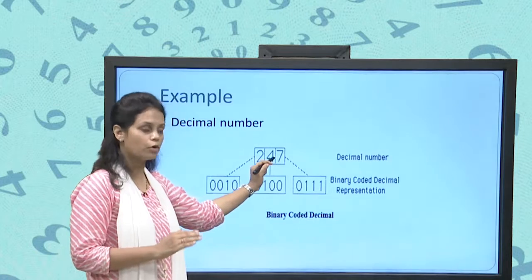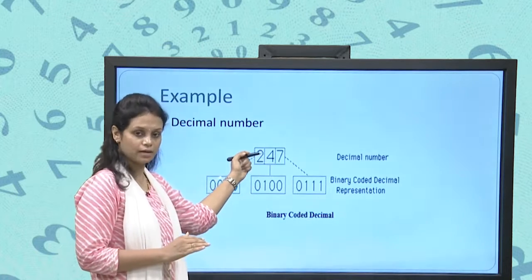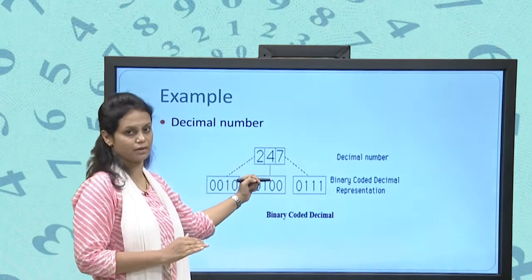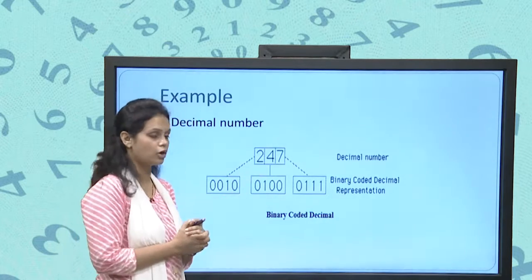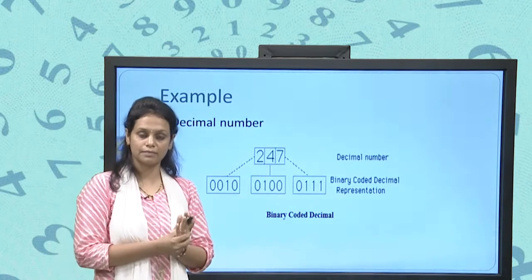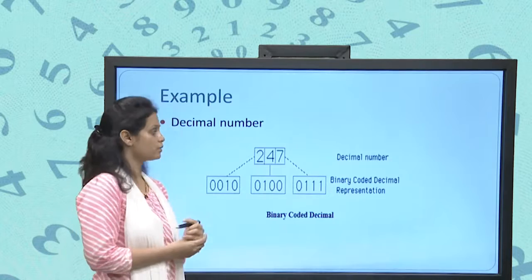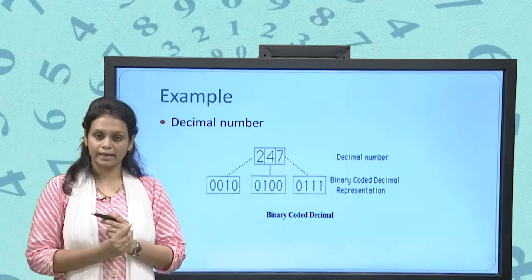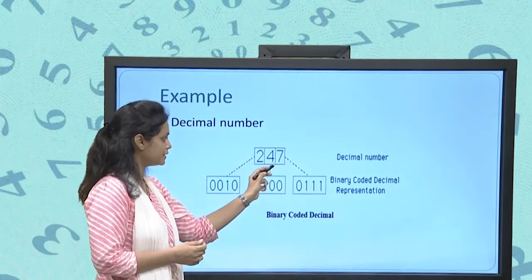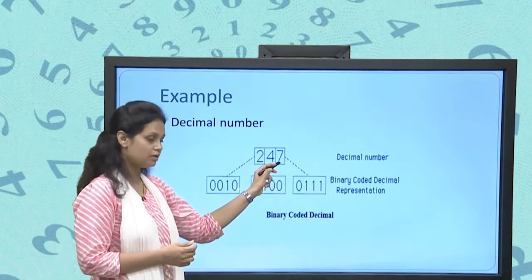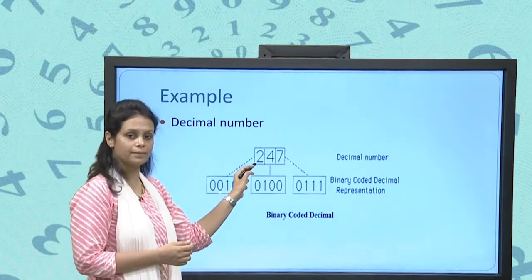Now suppose we want to convert this decimal number to the binary coded decimal representation. How can we convert the decimal number to the binary coded decimal? For converting any number to binary coded decimal, first of all we have to separate the digits. We'll separate 7, we'll separate 4, we'll separate 2.